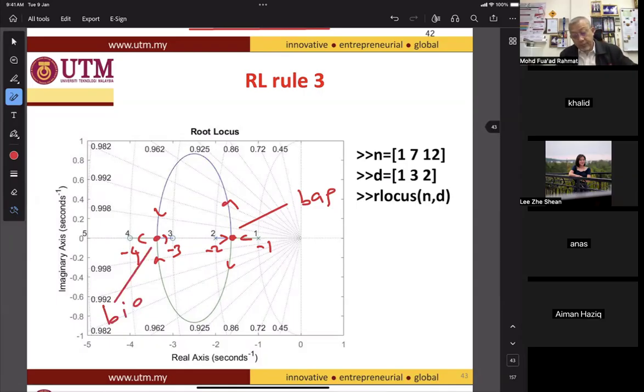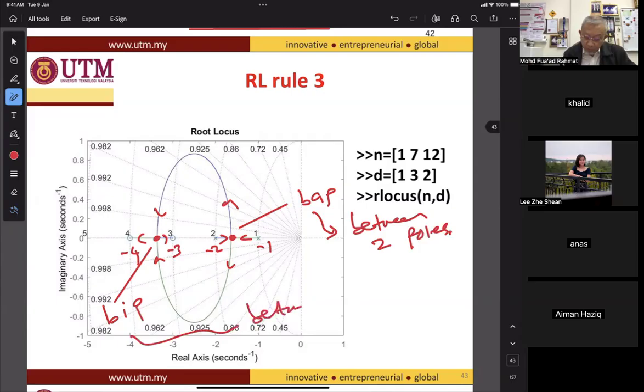One is away, one is in. The difference is that the breakaway point is between two poles, while the break-in point is between two zeros. And of course, the going out and going in directions of the arrows.